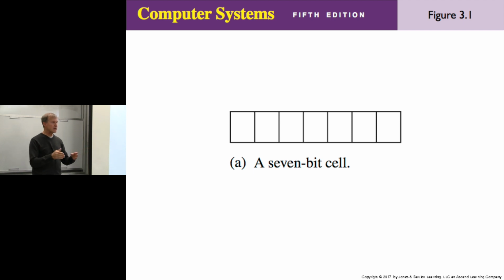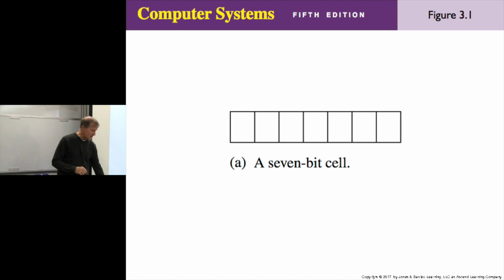Different parts of the system store different numbers of bits for the binary information. Do you see what we're saying? So we have to be able to deal with how much information can be stored in a cell with an arbitrary number of bits. Are you with me? This is just an example in figure 3.1a of a 7-bit cell.